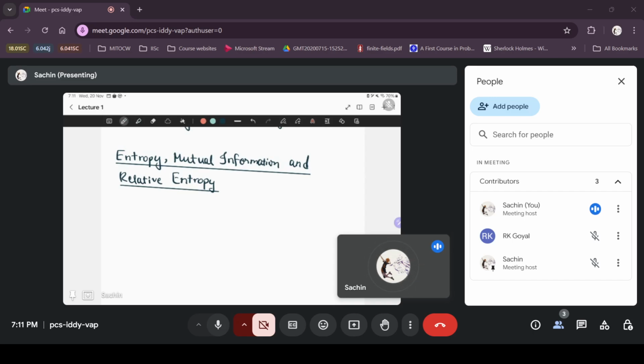So that's why it's called relative. It's the distribution relative to some other variable. So in this lecture, I will only talk about entropy first, and we'll go to mutual information and relative entropy in the next lecture.